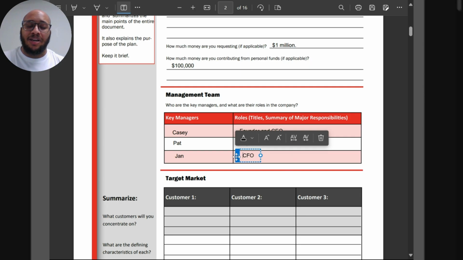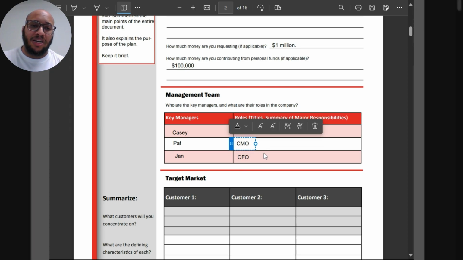These are not the only acronyms you need to know, or these aren't the only titles and roles and positions there are. You also have chief technology officer, chief people officer for your human resources and such.